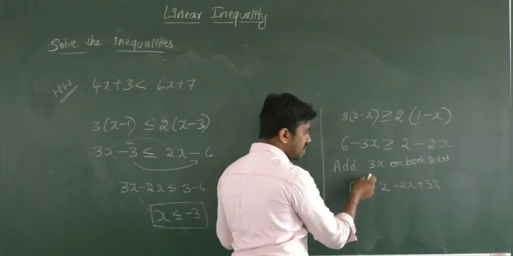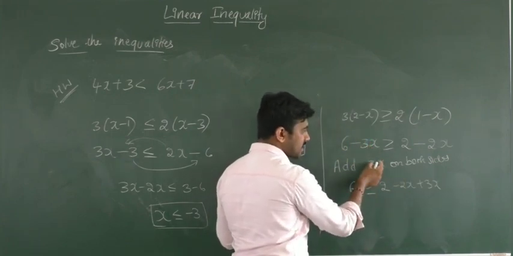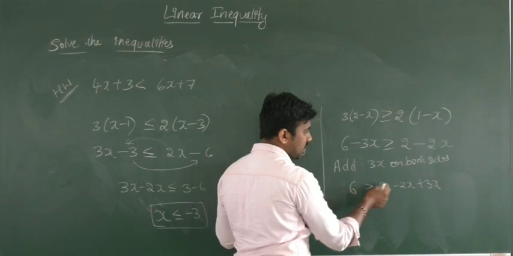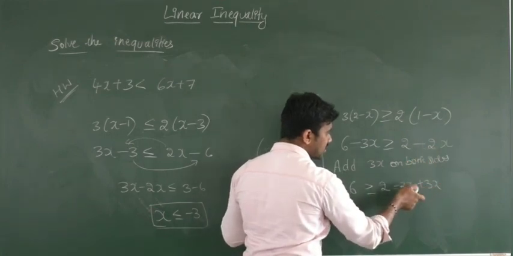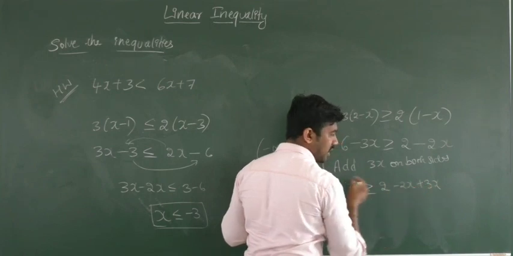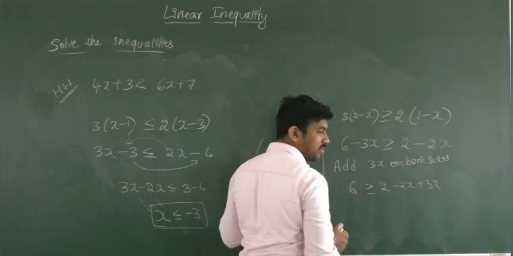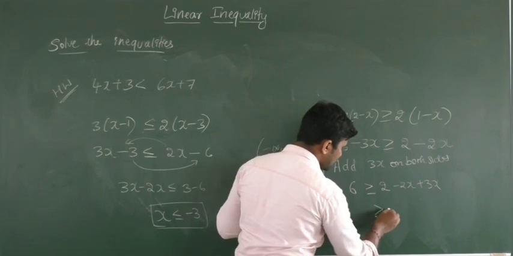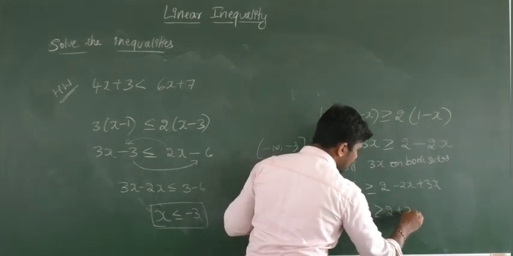Here I added, so 3x and minus 3x cancelled, so I didn't write that term. But here it doesn't cancel: we have 3x and minus 2x. So 3 minus 2 is nothing but 1. So here 1 into x, that is x, remains.